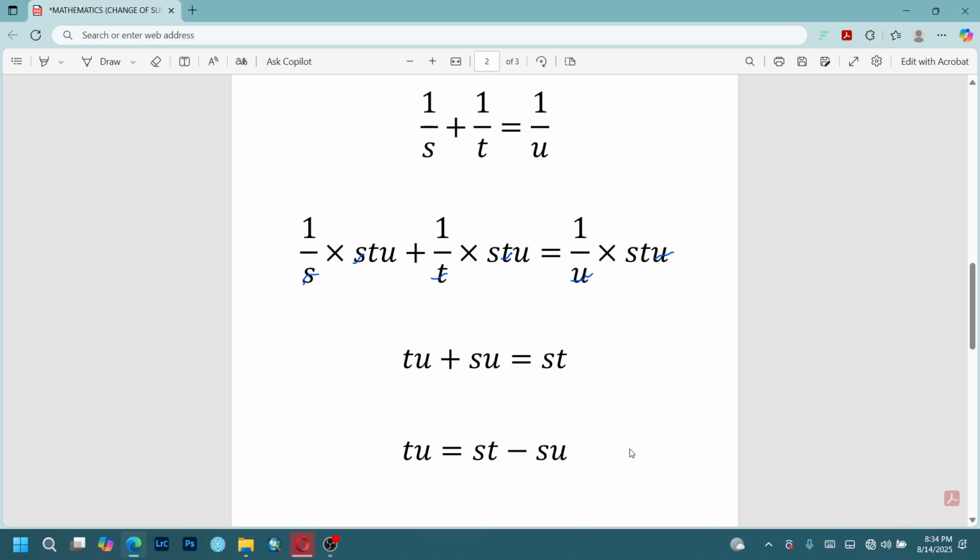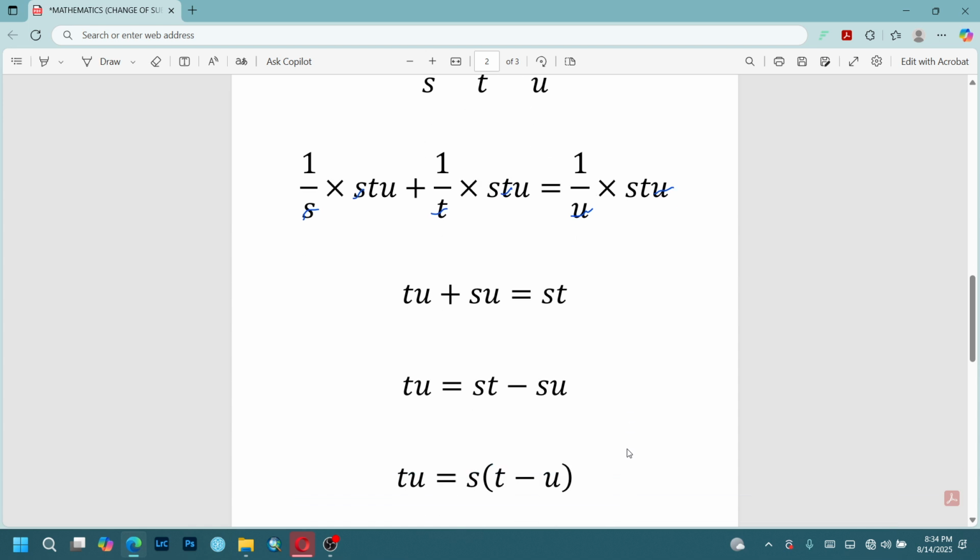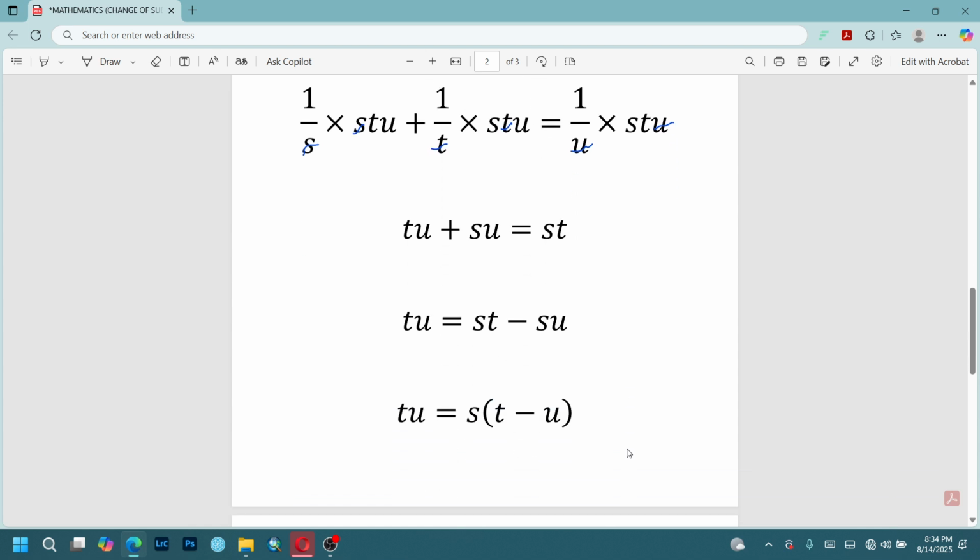We want s to be the subject. Based on the preamble of the question, they are asking us to make s the subject of the relation. So here there are two like variables, which is s. So we want s to stand on its own. So s can multiply t, s can multiply u.